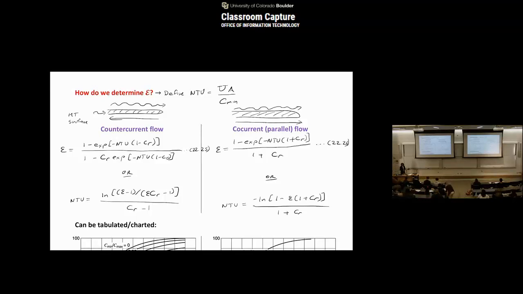Just derive CR as 0. I'll take care of CR 1.